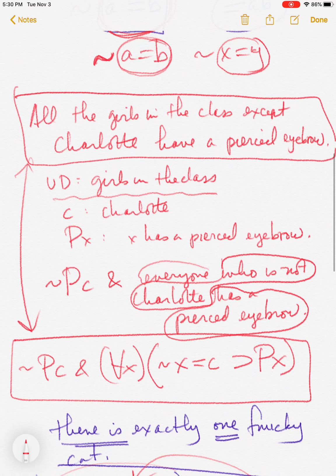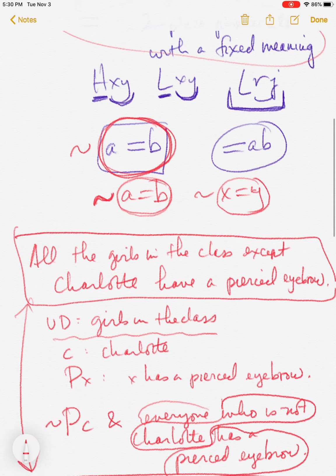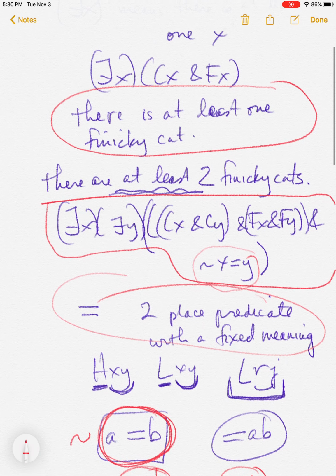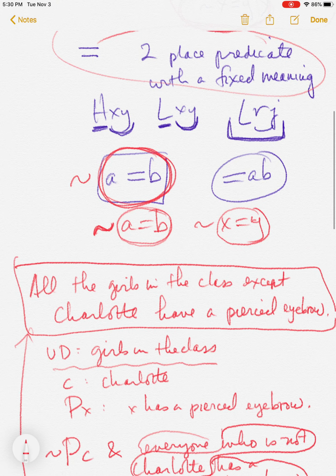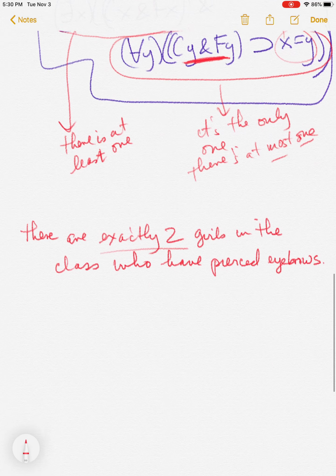We want to say there are exactly 2 of them. Okay. Well, we know how to say there are at least 2. We did that with the finicky cat, right? We know how to say there are at least 2 finicky cats. We say that this guy's a finicky cat, that guy's a finicky cat, and they're different from one another.